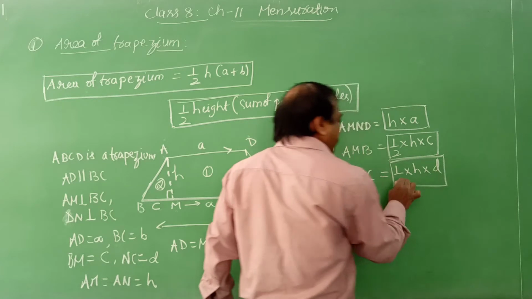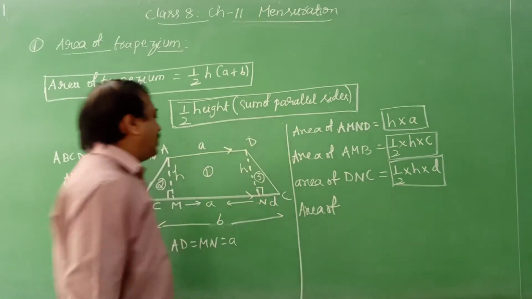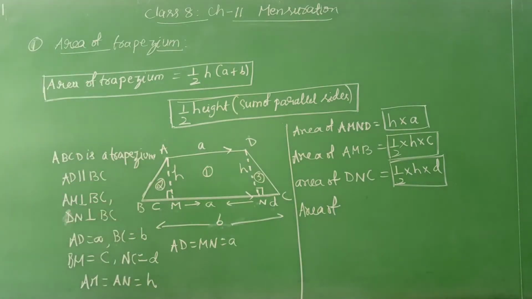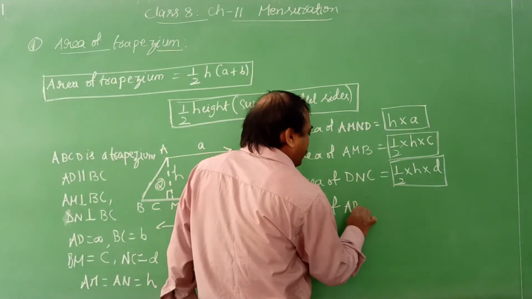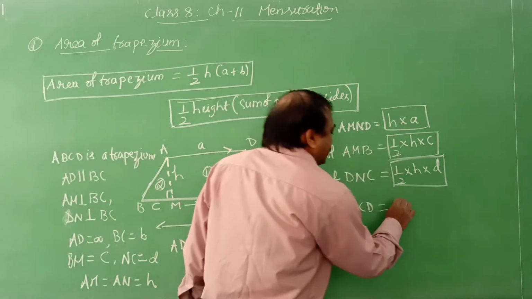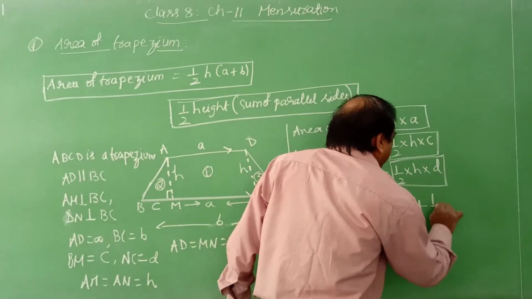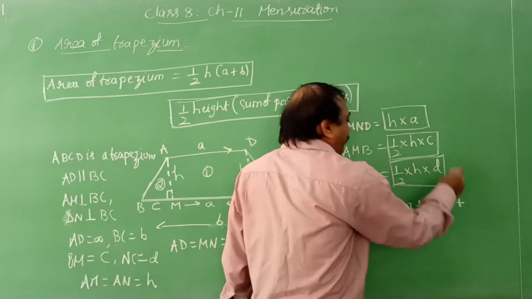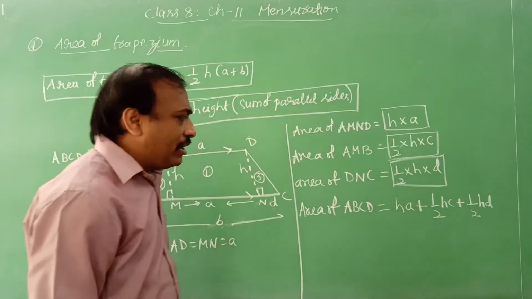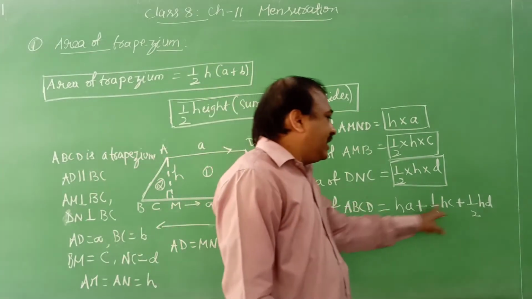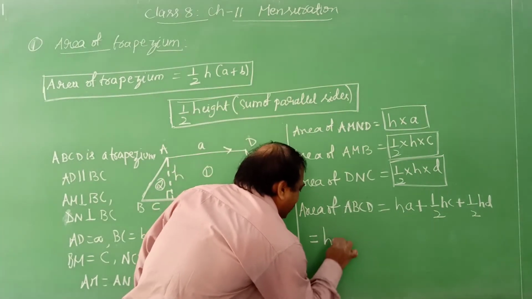Area of the trapezium. What is the trapezium? ABCD is the trapezium. So area of ABCD is equal to H into A, that is HA, plus half HC plus half HD. Now you see, in all this which alphabet is common? H is common. So we are taking H common outside.